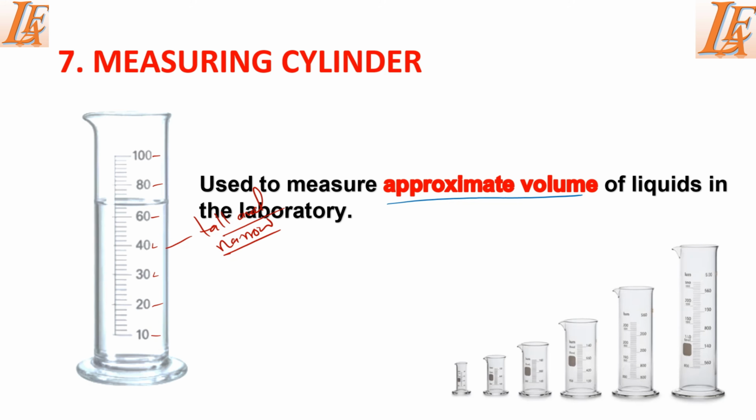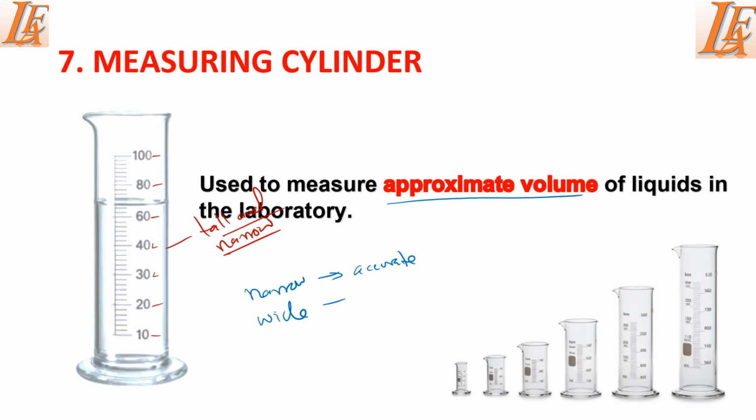the lab. But what you need also to note is that this instrument is better, or is more accurate than the conical flask that we discussed and a beaker. Reason being is that this instrument is narrow, and when you have a narrow instrument, then it's more accurate.